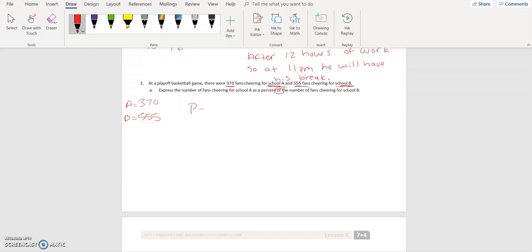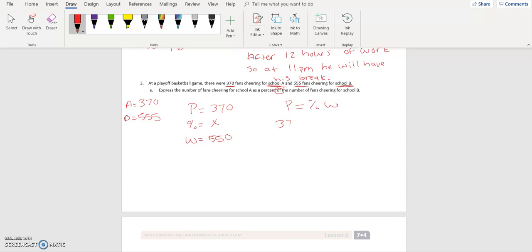So part, percent and whole. As a percent of School B, my part has to be 370. Part is equal to the percent times the whole.